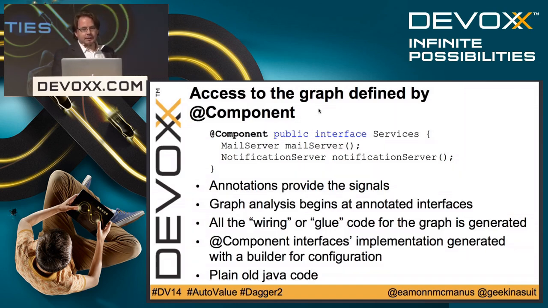The result is, as of Dagger 2, completely pure Java code. You can step through, you can F4 or command click your way through all of the code. You're not lost in reflection, stack traces, et cetera. And you have an ability to do step-through debugging that you don't get anywhere near as conveniently in a reflection environment.